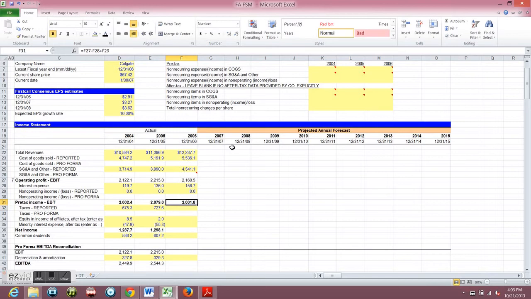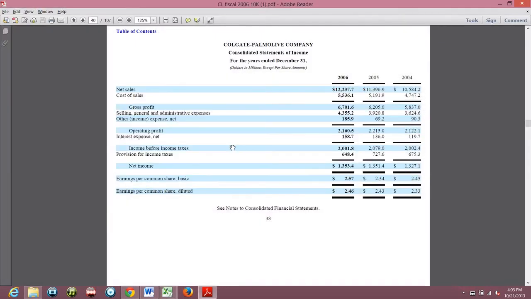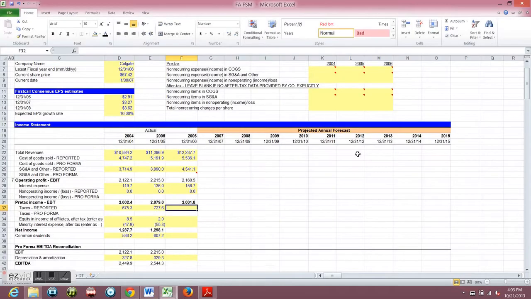Okay, and we get 2001.8. Okay, so taxes reported. Taxes, as the title shows, are the taxes that a corporation has to pay. In this case, it is provisions for income taxes, which is 648.4.